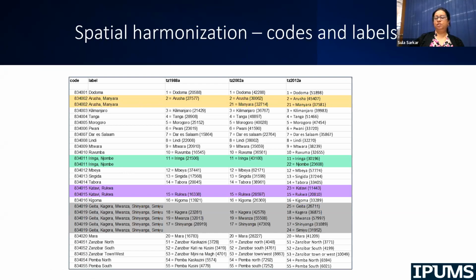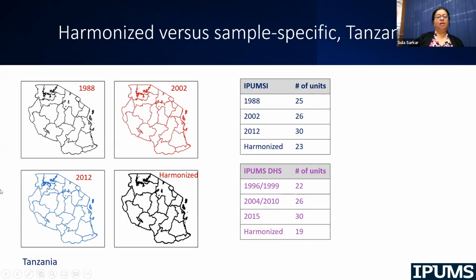All you have to do is use the variable and download the shapefile if you want to use the maps for visualization. IPUMS distributes sample specific units. You might not want to do change over time, right? Then why would you want a smaller set of units?